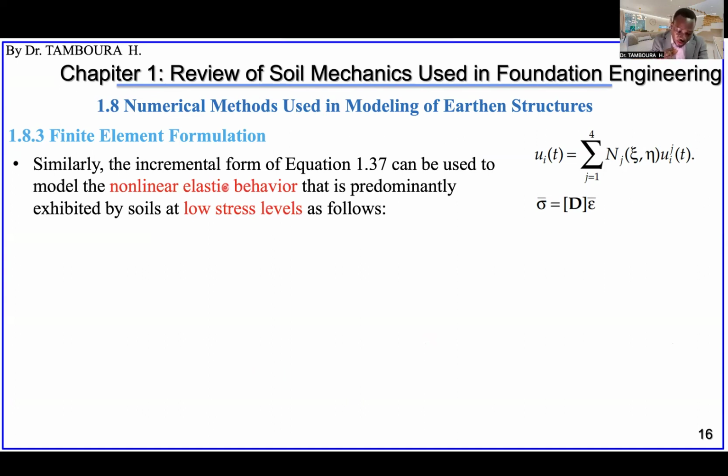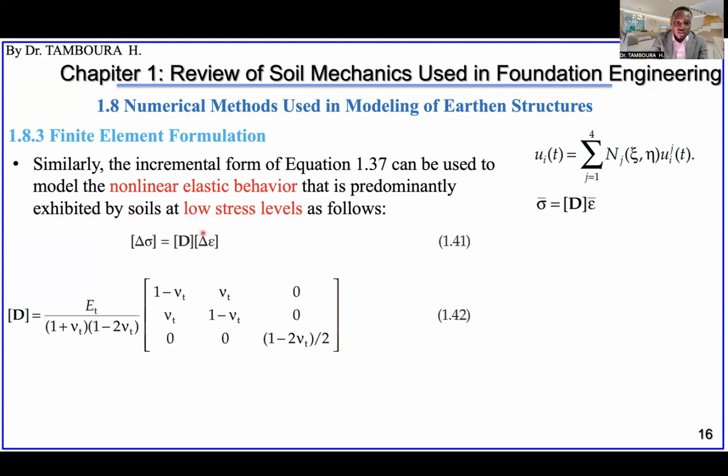If you reduce the increment of everything, it is possible to do nonlinear elastic behavior. That is in the case of low stress level. You see this delta, this means increment of sigma, the stress, and you have your D matrix here, the same as here.